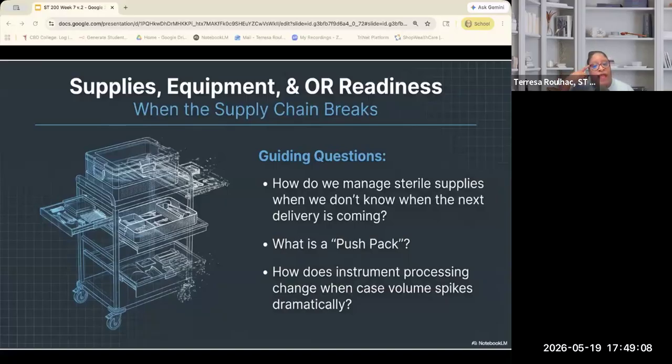But we still got to throw in that ethical layer, right? If we run low on certain instrument sets, now we have to think about who decides which cases get it. 16 rooms. We can take out the heart room because their instruments are going to be different. We'll take out the cranie room because cranies will be different. We'll even throw out ortho, okay, because ortho has specialty as well.